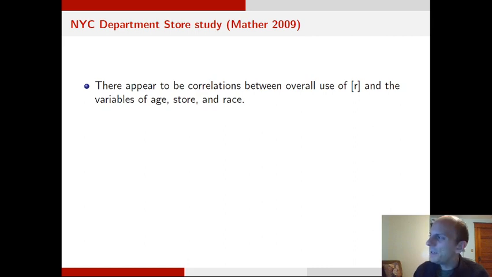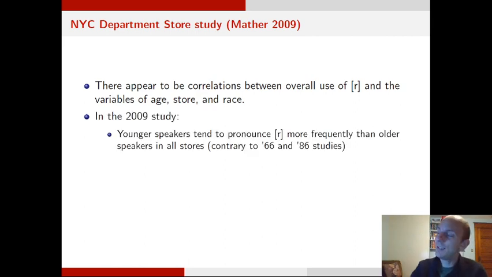They actually appear to confirm Labov's findings by and large. But there appear to be correlations between the R-lessness versus R-fullness and variables like age, store, and race, socioeconomic class. In the 2009 study, they're paying attention to more socio variables here.